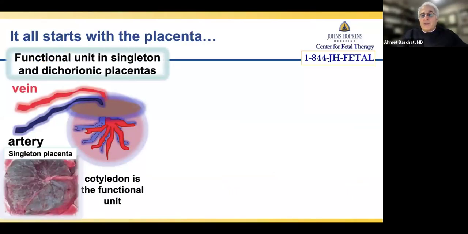Now, the complications that can arise in monochorionic twins are due to the placentation. The functional unit of a placenta is a cotyledon, where the umbilical artery dips into the placenta, and nutrient-poor, deoxygenated blood gets replenished and brought back to the same baby by a vein.